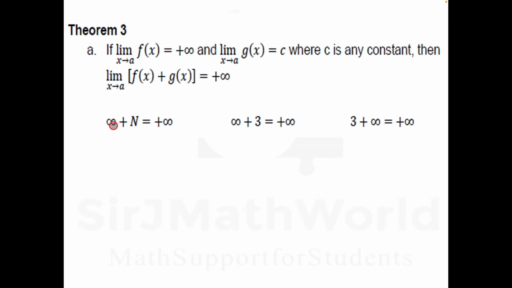So, magkakaroon tayo ng positive infinity plus any number kasi this is f of x plus g of x. So therefore, the answer will be positive infinity. Example natin, we have here infinity plus 3. The answer is infinity, or 3 plus infinity is still positive infinity.